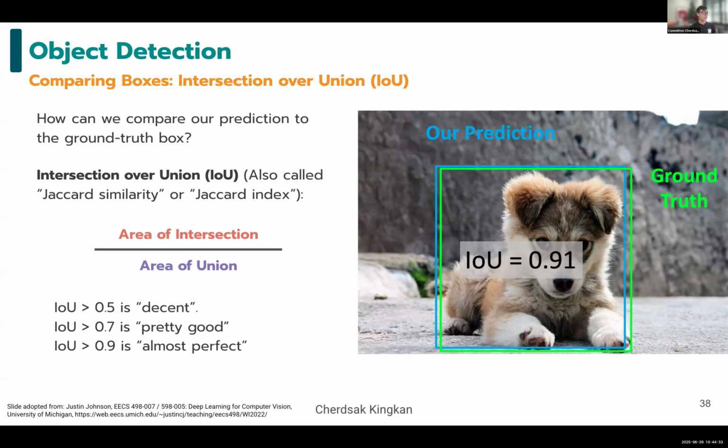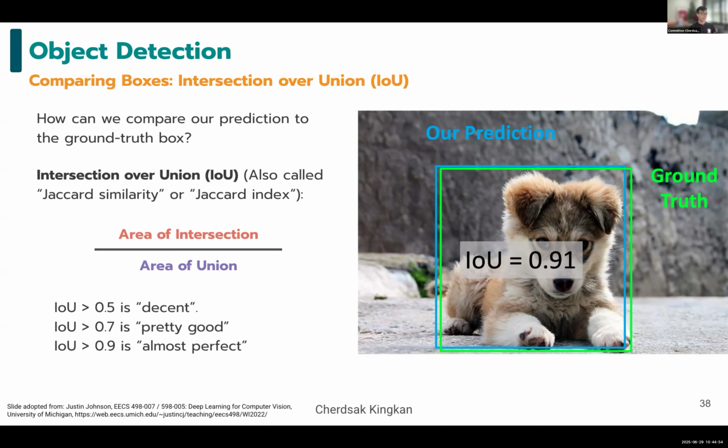And in reality, you will never get an IOU equal to 1. No way you can get an IOU equal to 1. So 0.9 is almost perfect. That is pretty much the best we can get from the models. So this is how we calculate the IOU and then compare the predictions with the ground truth.